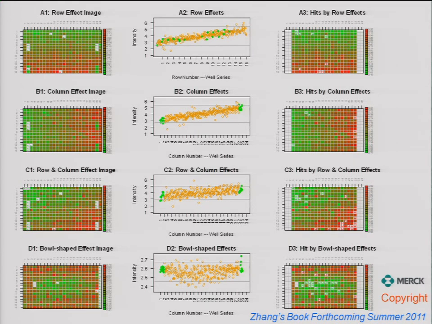And you can see the green is high value. The rows at the bottom are always green, increasing and high.